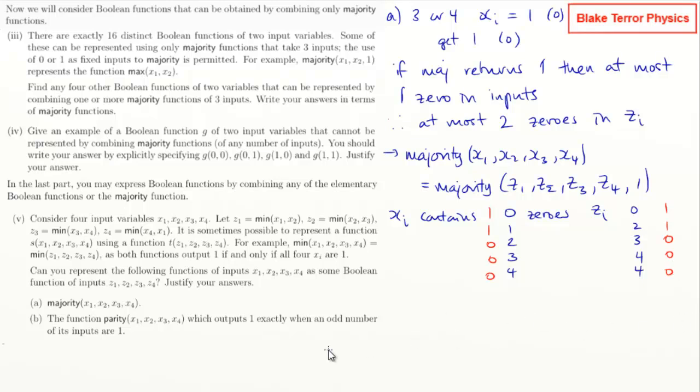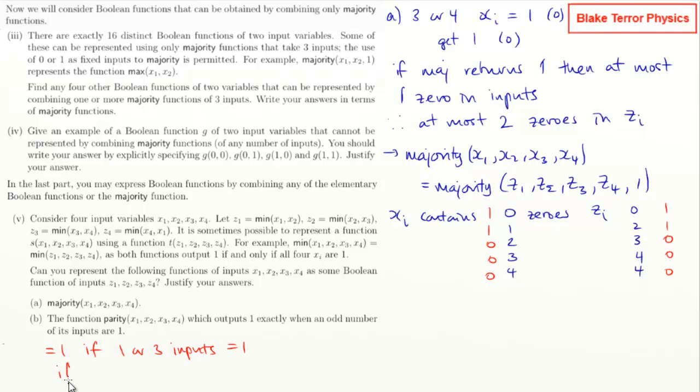Right, so the other one is parity. It outputs 1 exactly when an odd number of its inputs are 1. Okay, so we need an odd number of inputs. So this is equal to 1 if 1 or 3 inputs equal 1. Right, so say we had one of them, because that just seems easier to deal with.